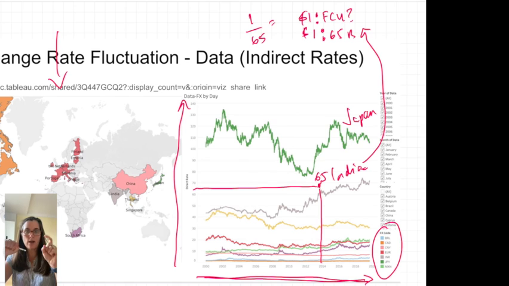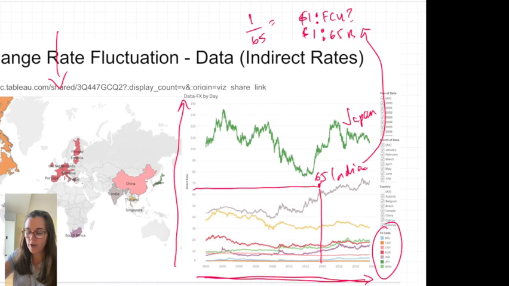If I have $1, how many rupees could I get for that $1? In this example, it's 65 rupees. Conversely, if I had only 1 rupee, how many dollars could I get? I couldn't even get $1, I'd get a fraction of a dollar. So we need to be able to think through this relationship. That's going to be part of your work with this chapter.